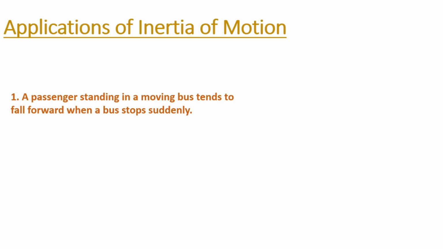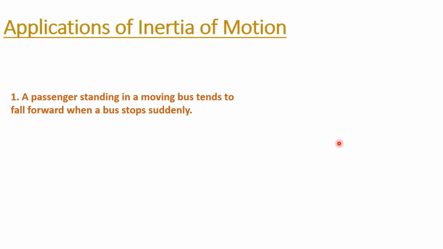Here, what is happening? The passenger is sitting or standing in a moving bus, and the passenger will fall forward when the bus stops suddenly. That's why it is advised that we have to wear what? A seat belt while driving a car.